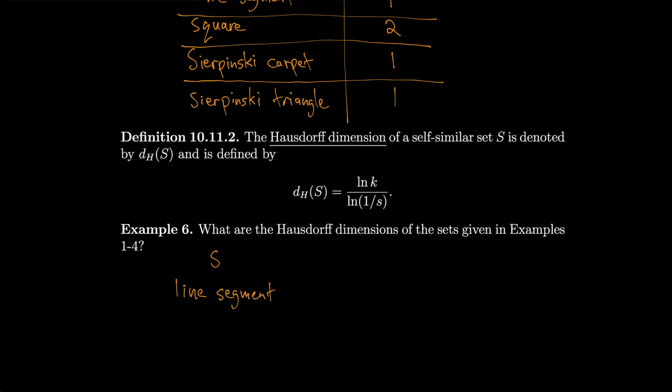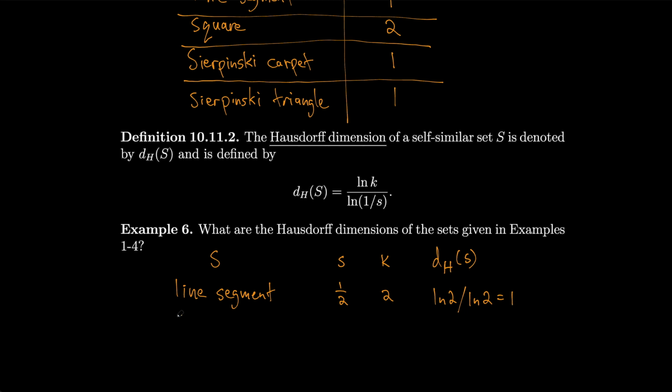In that case, we had little s given by half. That was the scale factor, and we had 2 different line segments. So k was 2, and therefore D_H(S) would be ln 2 divided by ln 2. Kind of cool. So that's 1.